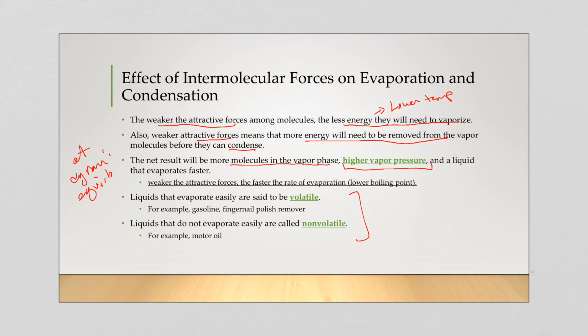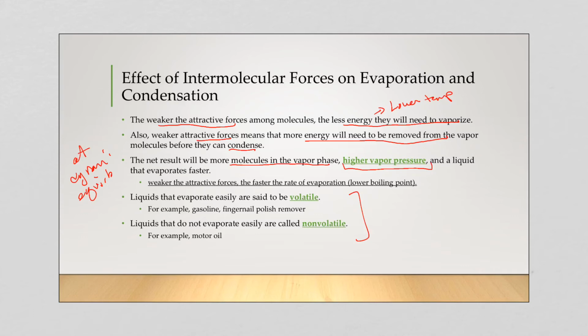So typically these molecules that have relatively weak intermolecular forces, that evaporate quite easily and build up high vapor pressure, are what we call volatile. So things like gasoline, fingernail polish remover, right? We consider these volatile molecules. Liquids that do not evaporate easily, right, tend to have fairly strong intermolecular forces of one type or another.